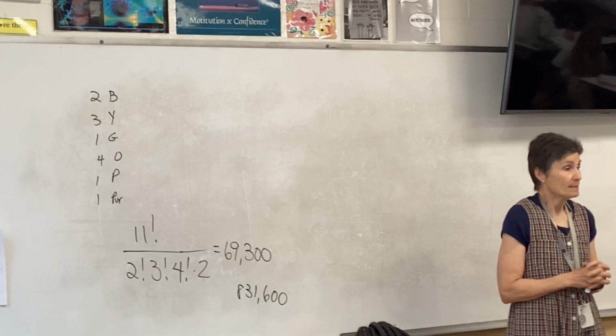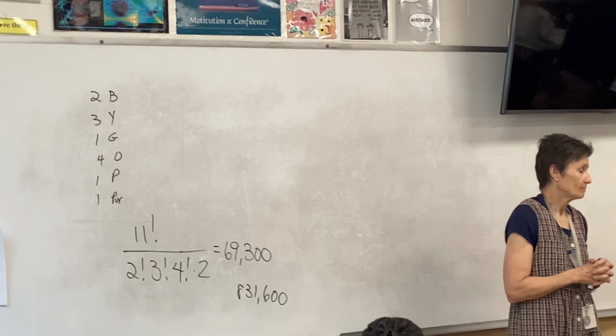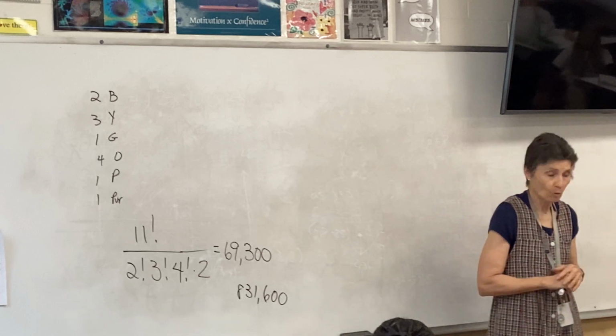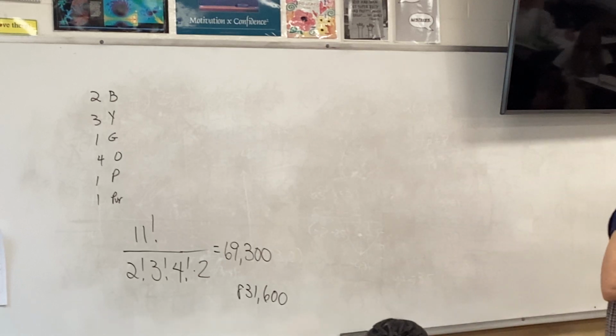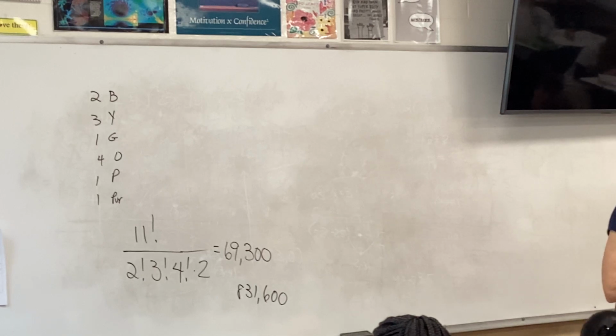Okay, now the next problem is a new concept. Here's the deal. We got 6 couples going to the movie. Alright, sit in a row together. Now, if anybody could sit anywhere, 6 couples would be 12 people.